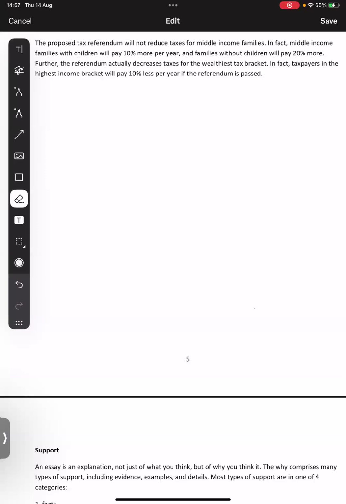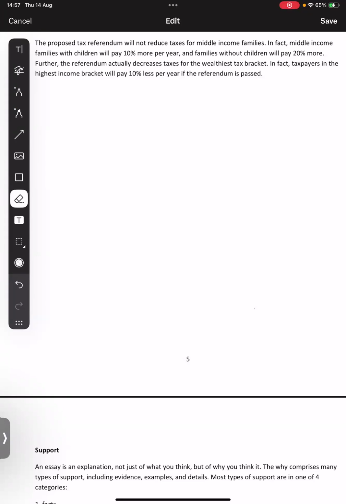All right. So what does this mean to you? If you read this paragraph, you would notice that this tax referendum is causing people with less income to pay more taxes, whereas people who are already making a lot of money are actually paying less.